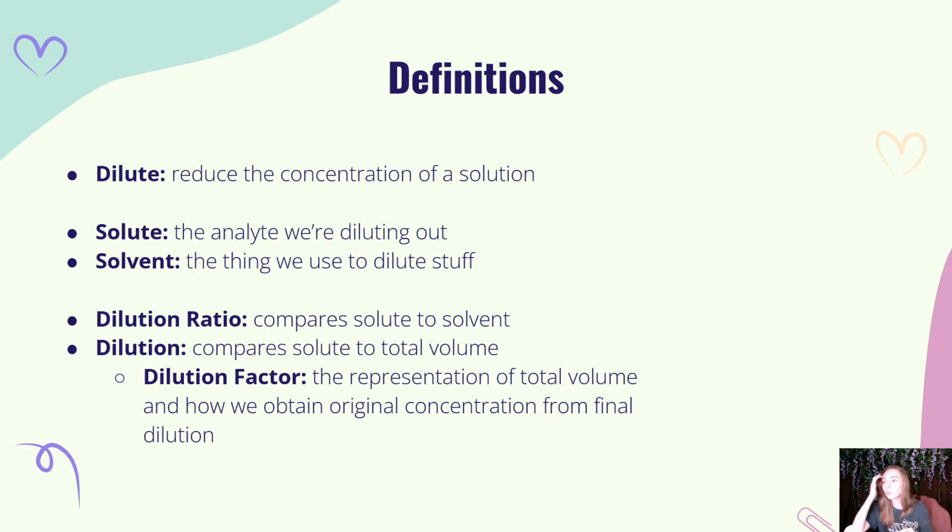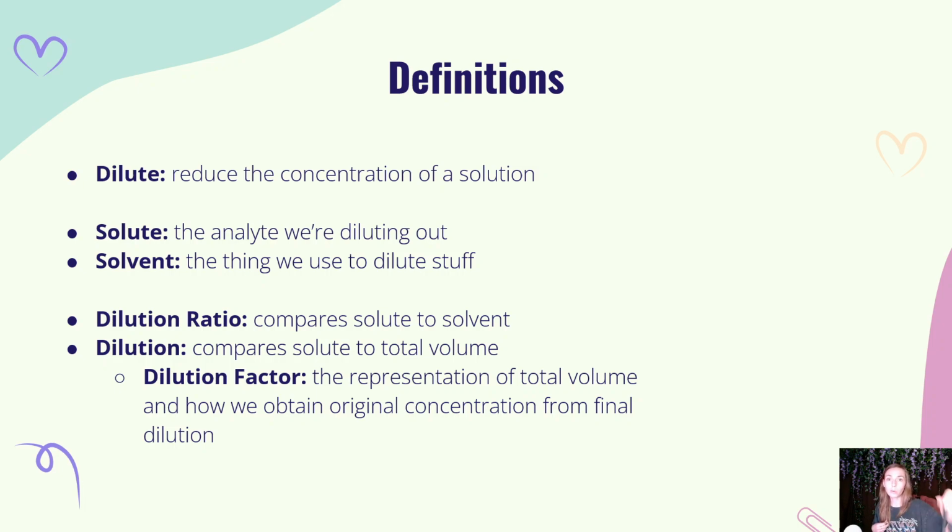Usually in the clinical laboratory, your solute is going to be your patient specimen. They're going to try to trick you by saying that you have added your patient specimen to another thing. The patient specimen is the thing that we are measuring for at the end of this. It contains the thing that we are trying to analyze.